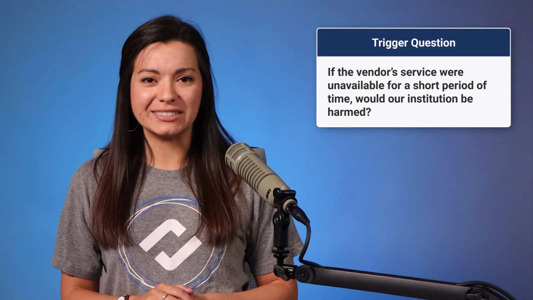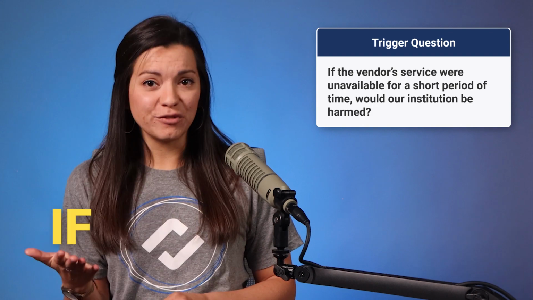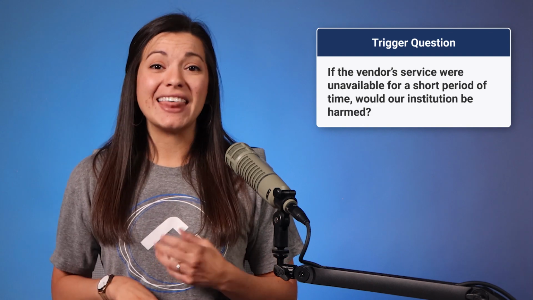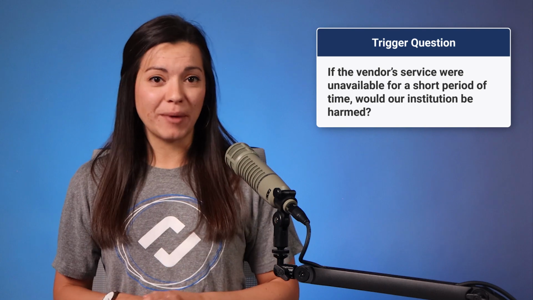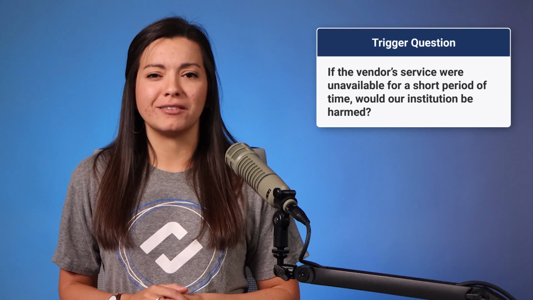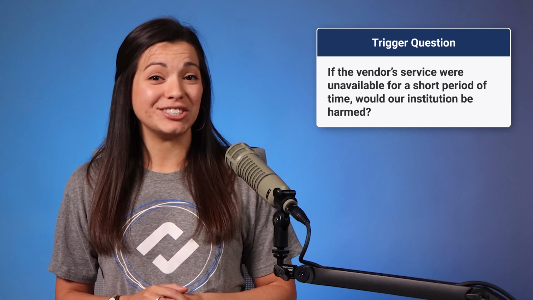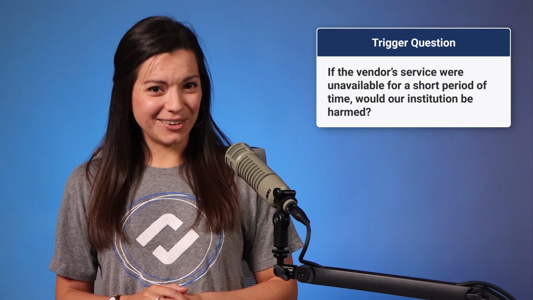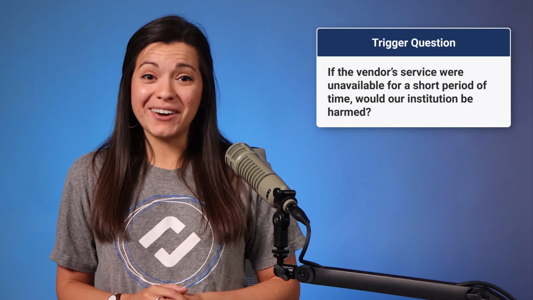By looking at their business continuity plan. If availability is a concern, then look at a document about being available. On the other hand, if you were to answer this question as, no, it won't be a problem if they're unavailable for a few hours, then just like with the last trigger question, it's not a good use of your time to review a document that is going to tell you something that you don't need to know.